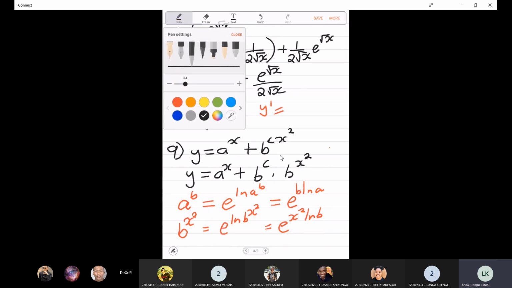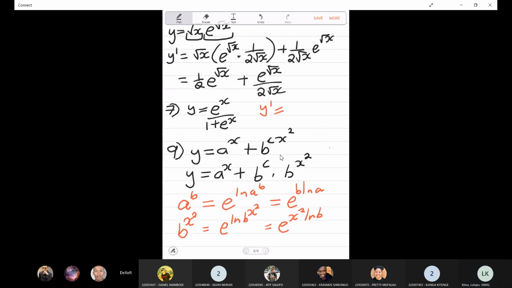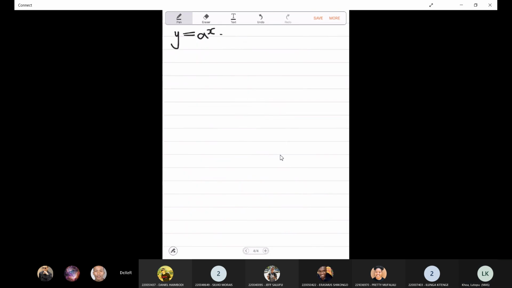So differentiating it now, first let me rewrite it. We have y is equal to a to the power of x plus b to the power of c multiplied by e to the power of x squared ln of b. And even this, you can separate it if you like.